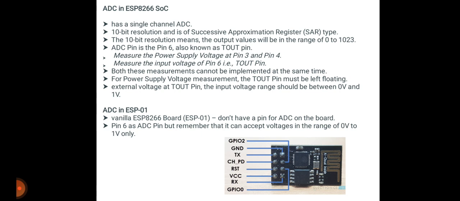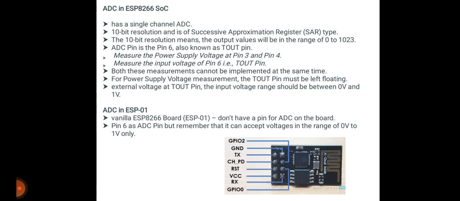By using the ADC we can measure the power supply voltage at pin number 3 or pin number 4, and if you want to measure the input voltage, you have to use pin number 6, the TOUT pin. Both measurements cannot be implemented at the same time.